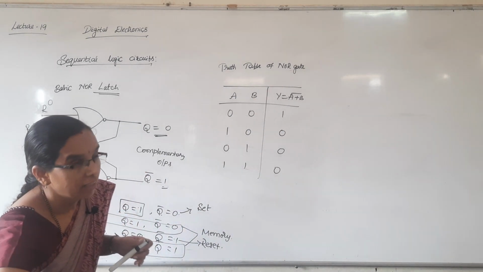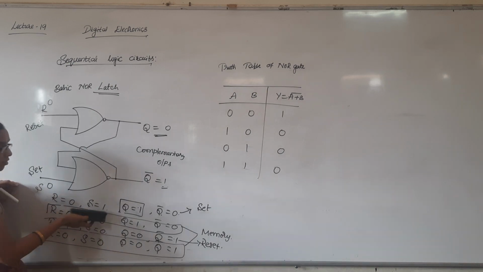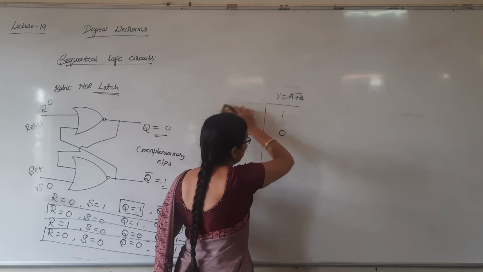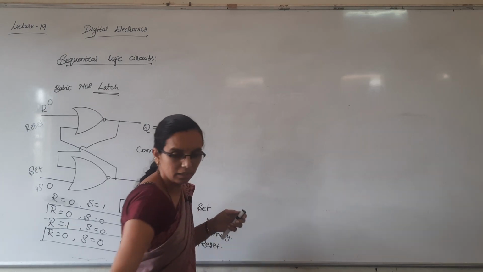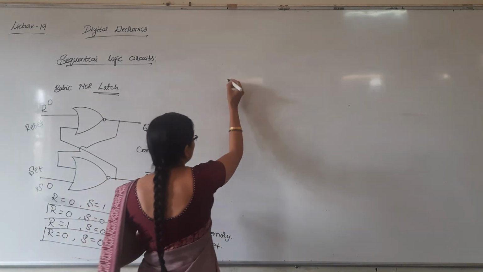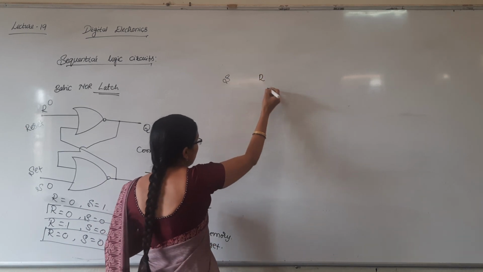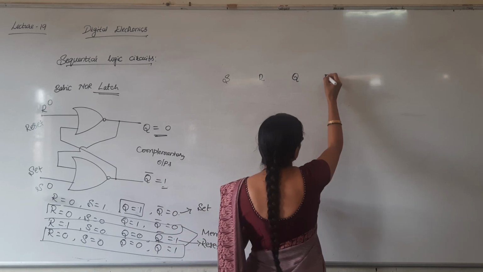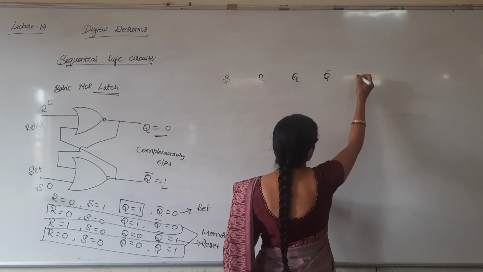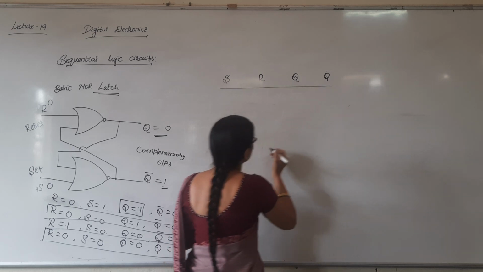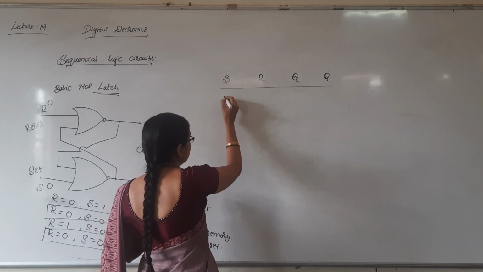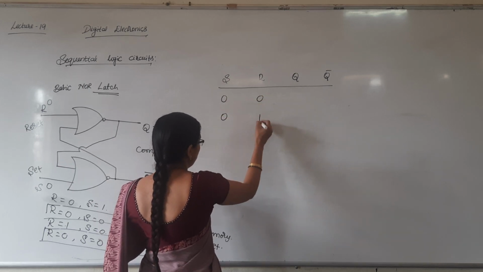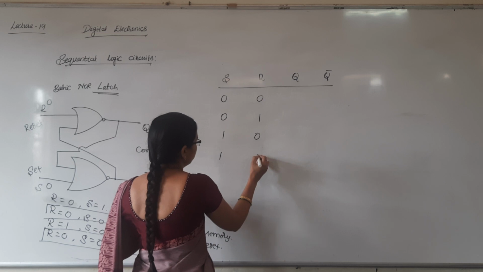And by this, I will draw the truth table of this NOR latch. Inputs S, R and Q, Q bar, and what is the state. The input combinations are 0 0, 0 1, 1 0, 1 1.